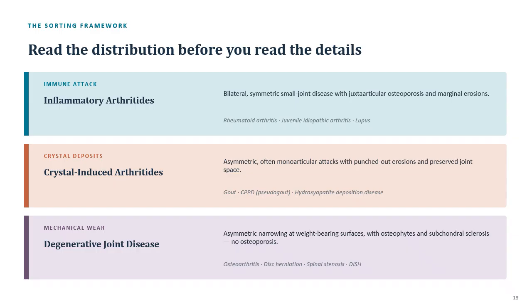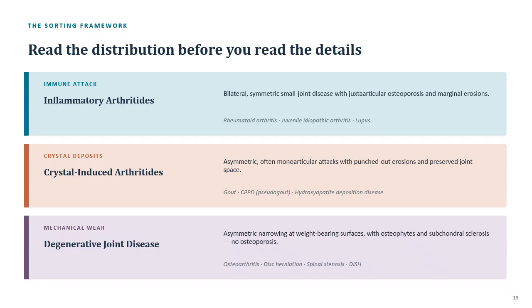All right, the next group is crystal-induced disease. An example of this is the condition gout. I know some of you may have heard that from some of your elderly people in your family. This particular arthritis is usually going to be asymmetric, and it might start in a single joint.